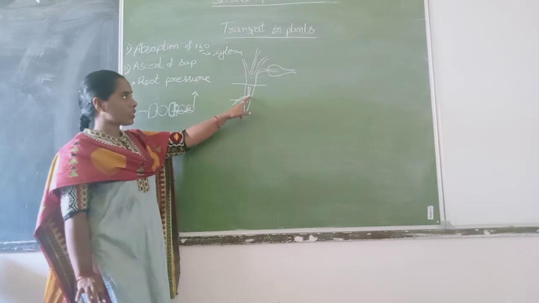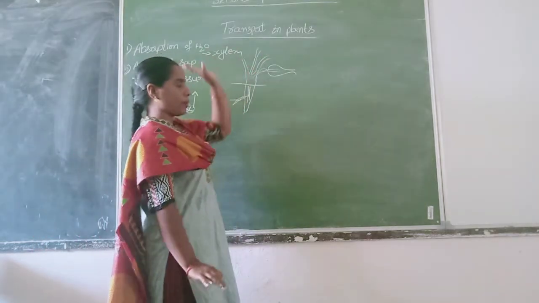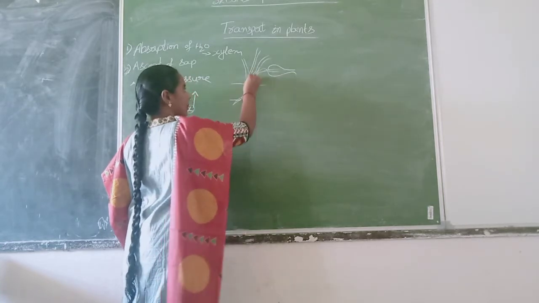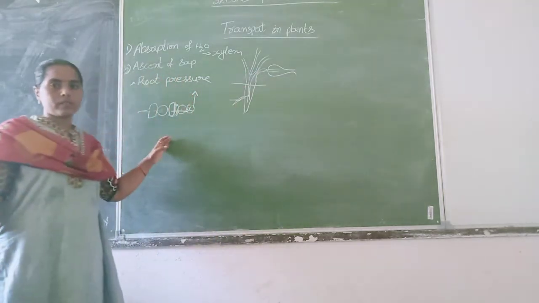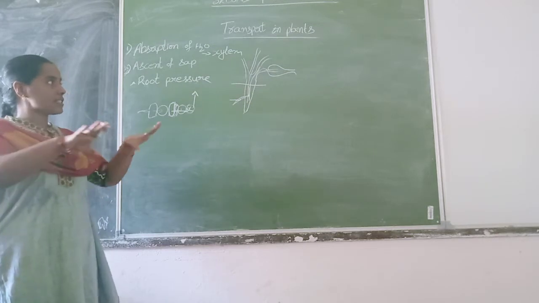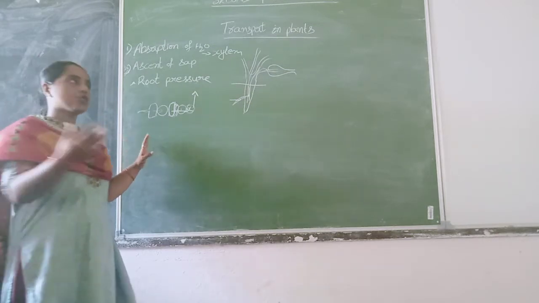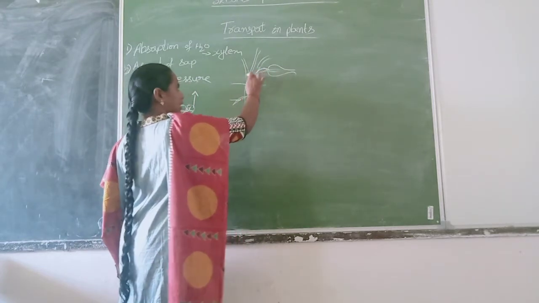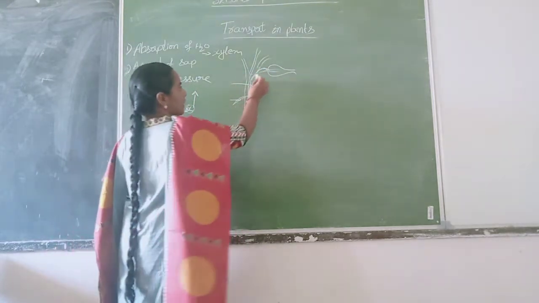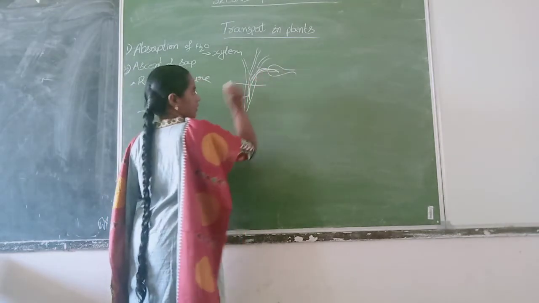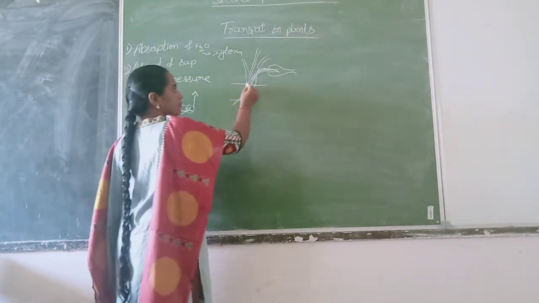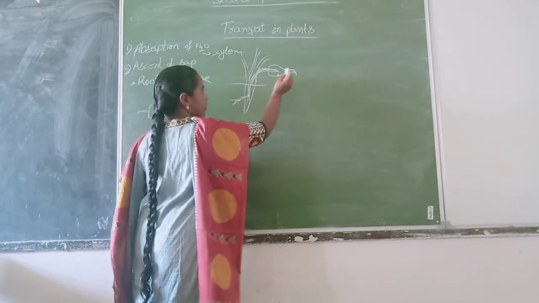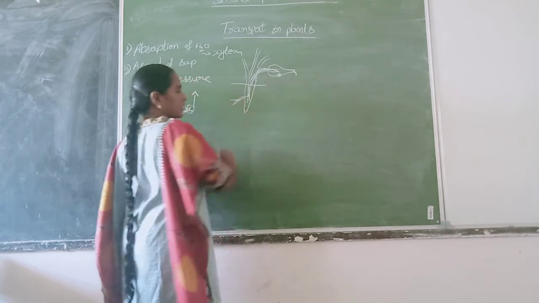Now this water needs to be transported toward the plant body. So here the xylem tissue is spread all over the plant body. The xylem vessels are spread throughout the plant, to the branches and to the leaves, to every part of the plant body. So finally this xylem transports water, and in the leaf we find stomata.